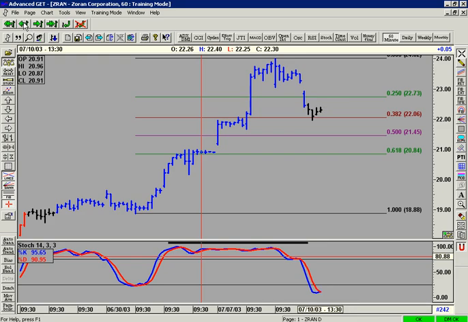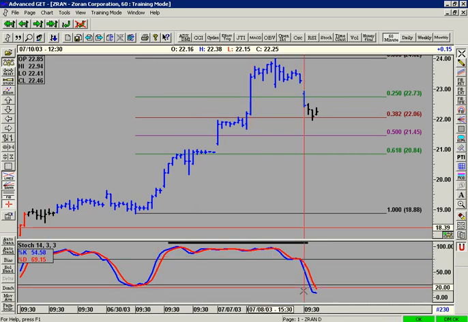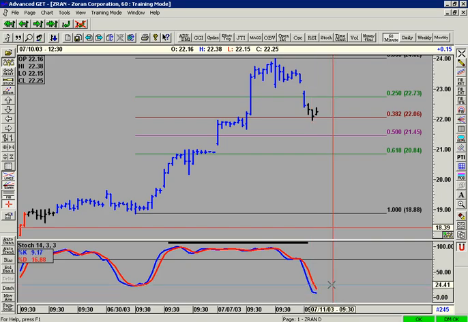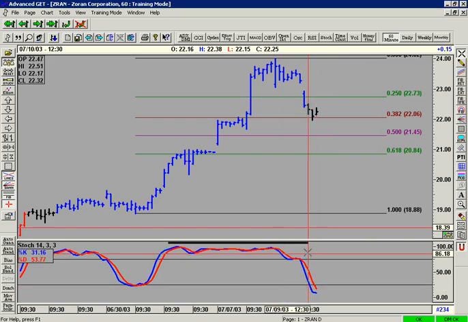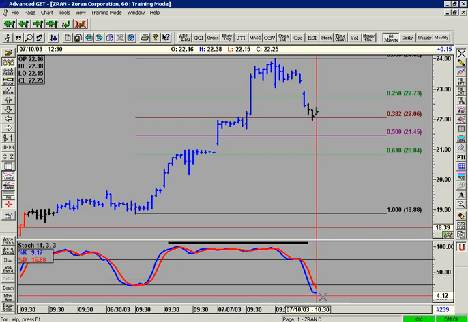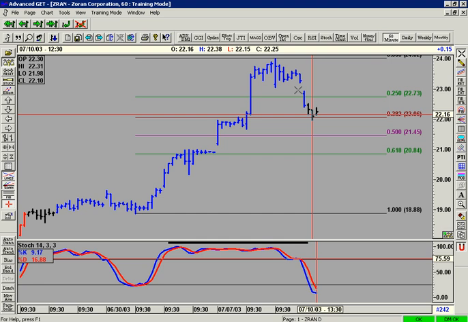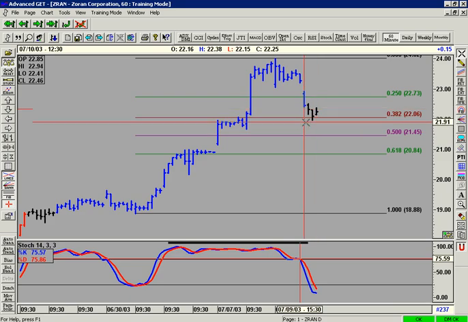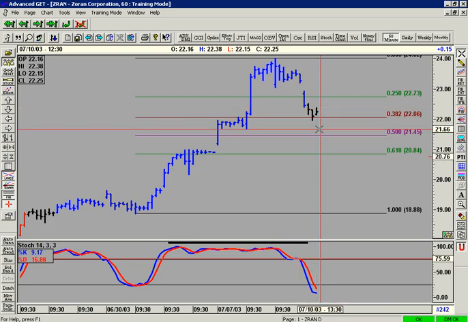Okay, here we have our stochastics below the 25 line. This is an indication that we're about ready to hook up along with this retracement, still having blue or black bars. This is beginning to set up for an XTL continuation trade.